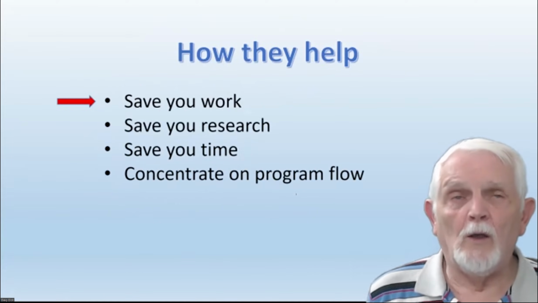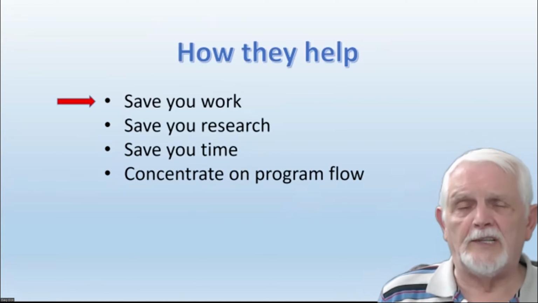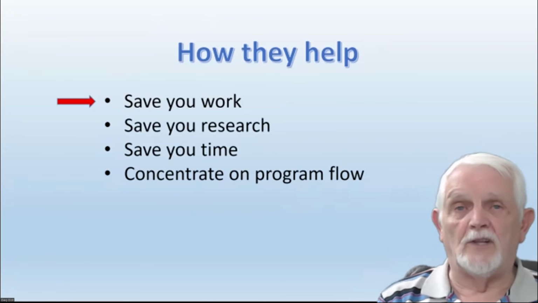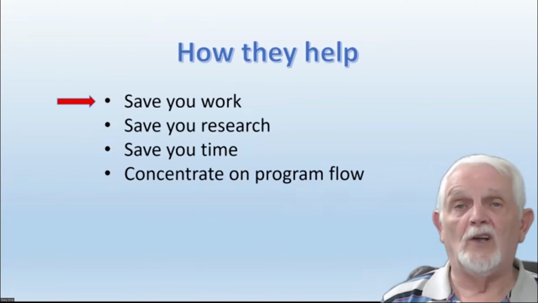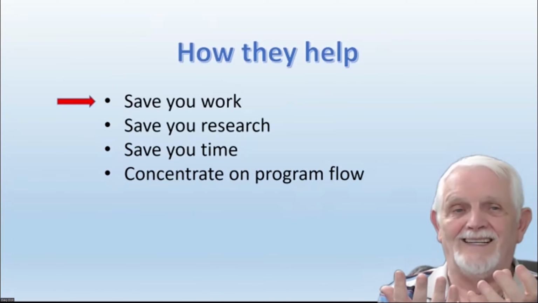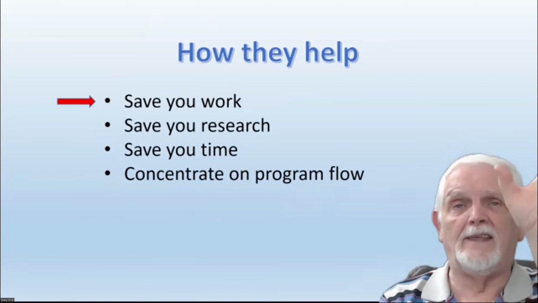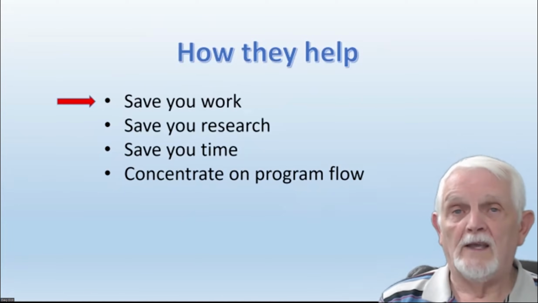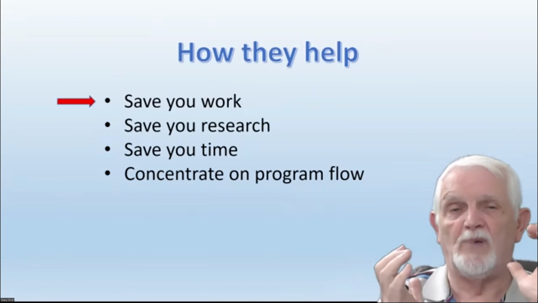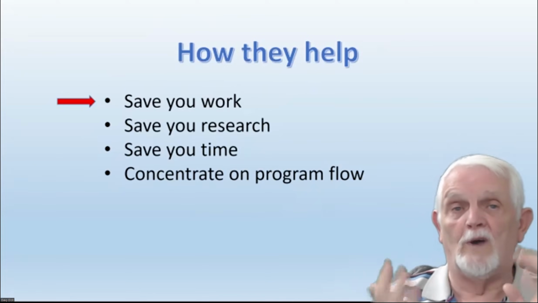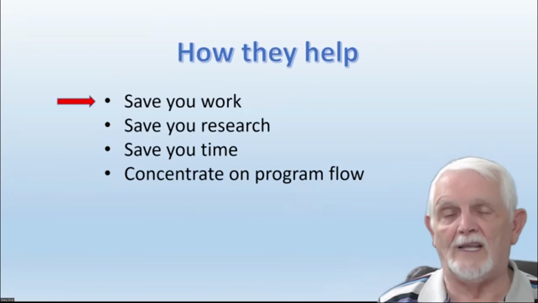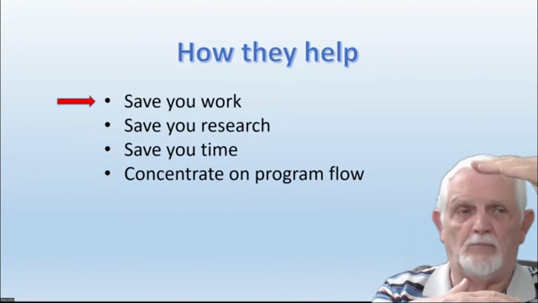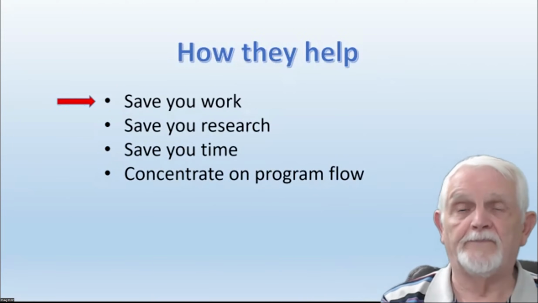So how do libraries help? Well, it saves you work. You have an awful lot less typing to do, because you just give one line, add that facility in, please, and it's done for you. And of course, because of that, less chances of errors, because all the work in that library has been tested and we know it works. So adding it in saves you lines and lines and lines of coding and possible errors along the way.